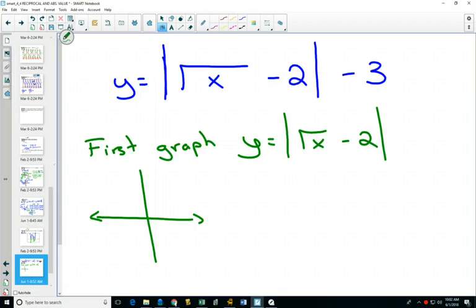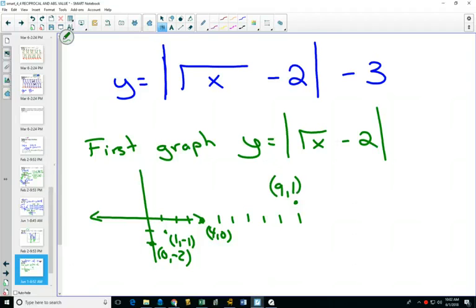That's a square root graph moved down 2 units, right? So if I take my square root graph and move it down 2 units, I'm going to get 0, negative 2, 1, negative 1, 4, 0, 9, 1.